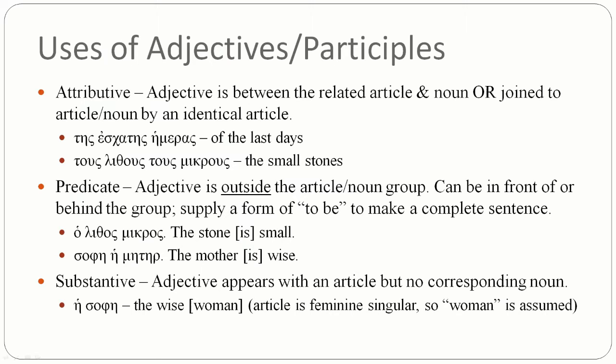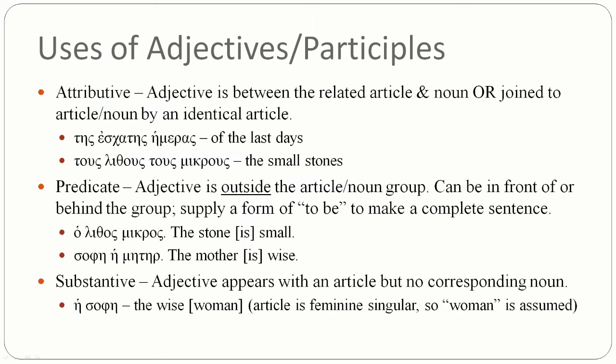But here are two examples. Ho lithos, the stone, is your article-noun grouping. Then mikros is standing outside of that. Notice it agrees in gender, number, and case. And so therefore you have the stone, supply a form of to be that agrees with stone: is. The stone is, and then small. The predicate adjective will always make a complete sentence, therefore I've put a period there.